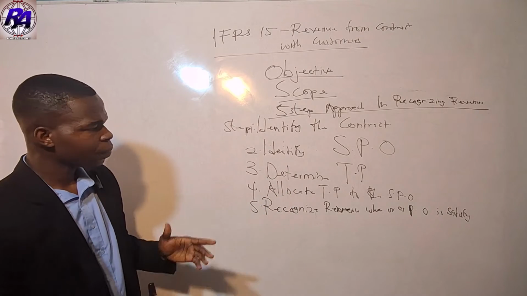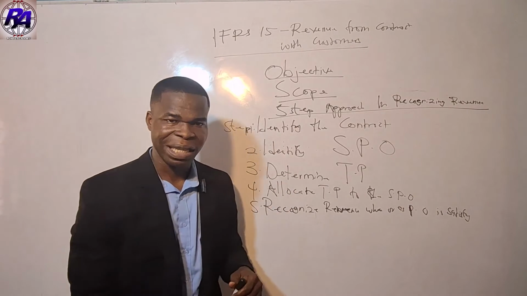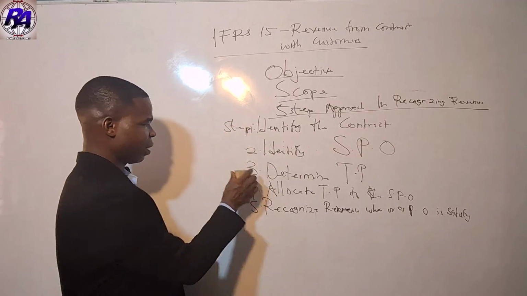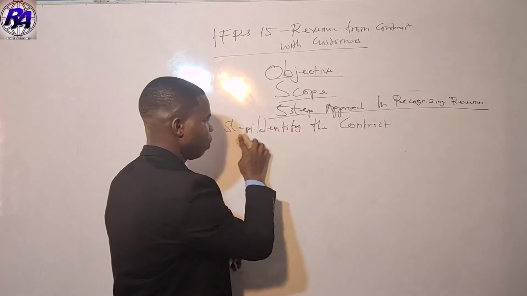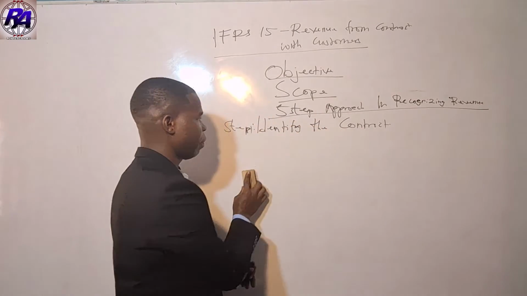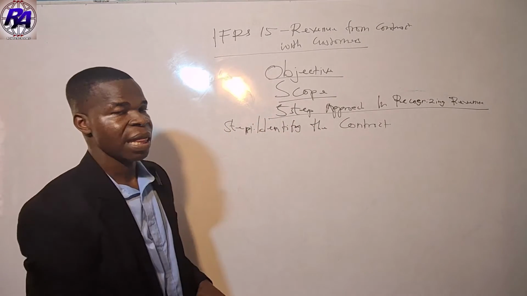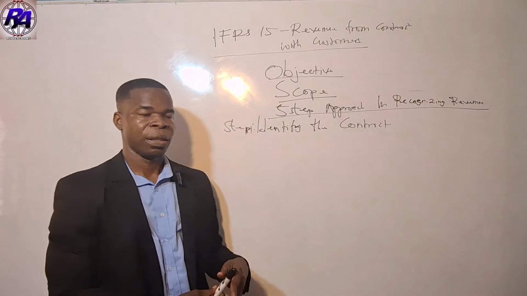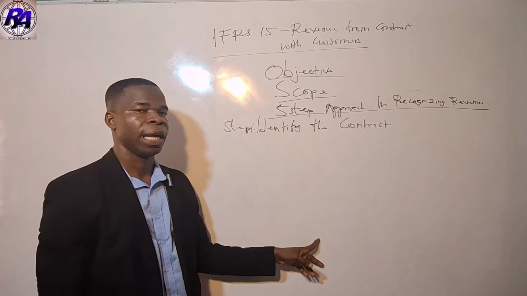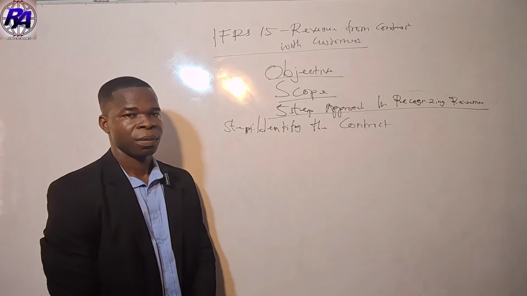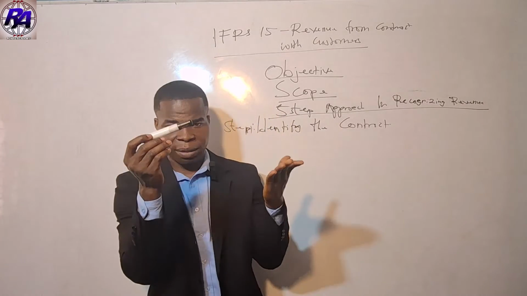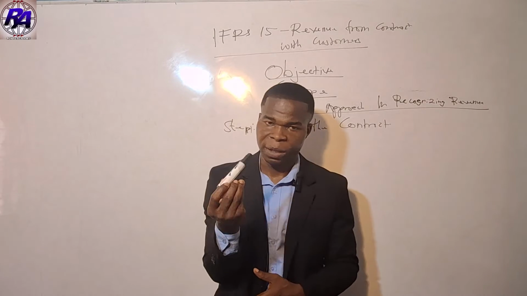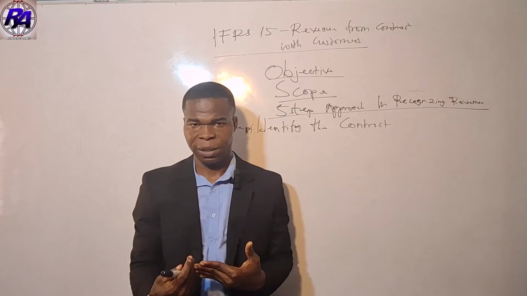Step 1, we are supposed to identify the contract. Remember, before we go to step 1, let me pass this practical example that contains all the steps. Assuming I sell markers, that is my day-to-day activity.